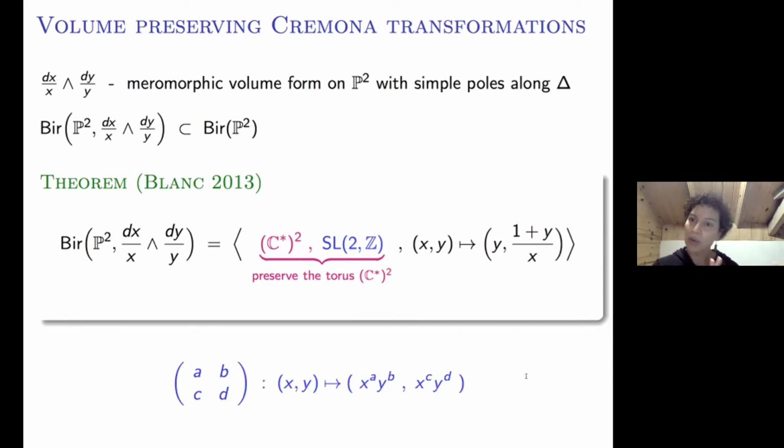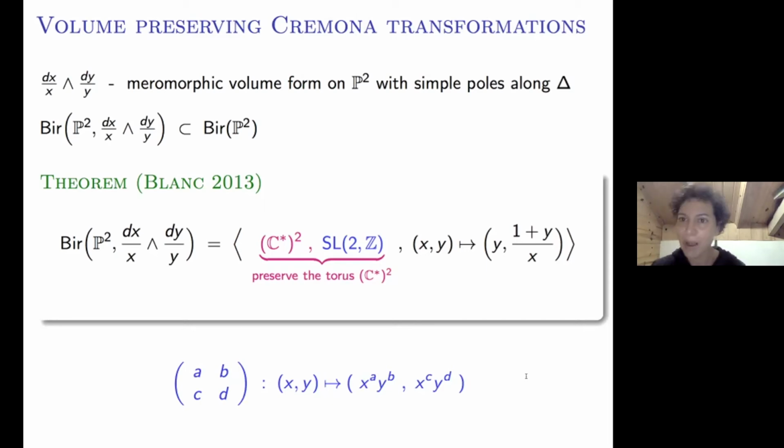So this part of the group is very well understood. This is the part that comes from the torus. And then in order to generate the whole group, you have to add this Cremona transformation that has order 5.